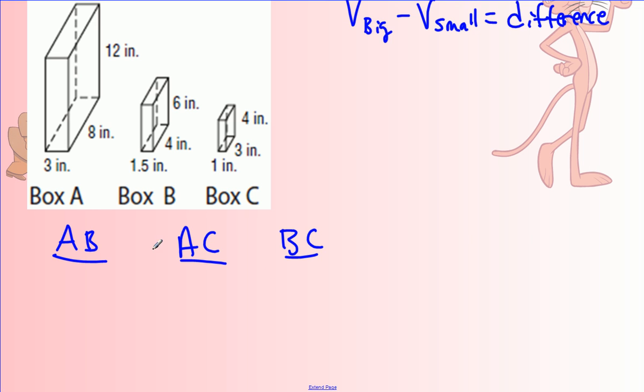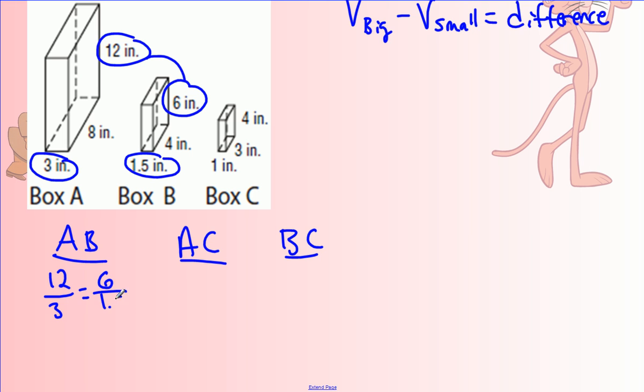Okay, so here we go. I'm going to start with A and B. So if they are similar, they would be proportional. So I'm going to pick a couple sides. I'm going to pick this side, which corresponds to that. So 12 corresponds to 6, and 3 corresponds to 1.5.